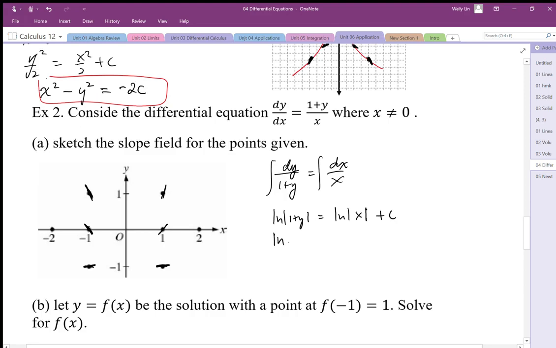So it's going to be log of 1 plus y equals log of kx. Basically, c is equal to log k, and then I use log rules to put that k into the log. Then drop the logs, y equals kx minus 1.